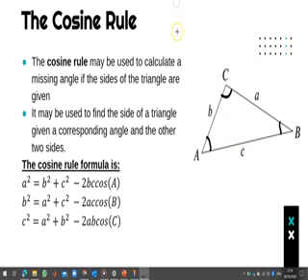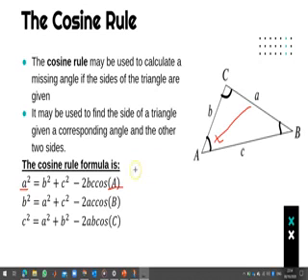So looking at the formula, the cosine rule formula is A squared is equal to B squared plus C squared minus 2BC cos A. So we are saying the value of A squared is equal to B squared plus C squared minus 2 times B times C cos the opposite angle of A. Mind you, A and the corresponding opposite angle.